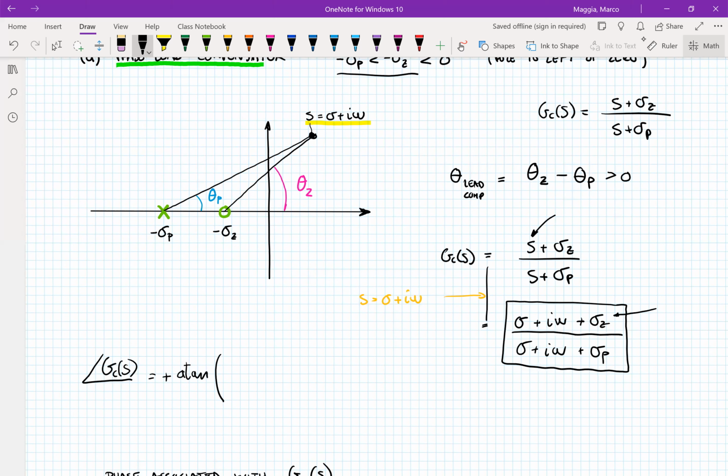What is the imaginary part of the complex number at the numerator? It is simply omega, over the real part of this complex number. What is the real part? It is sigma plus sigma z.